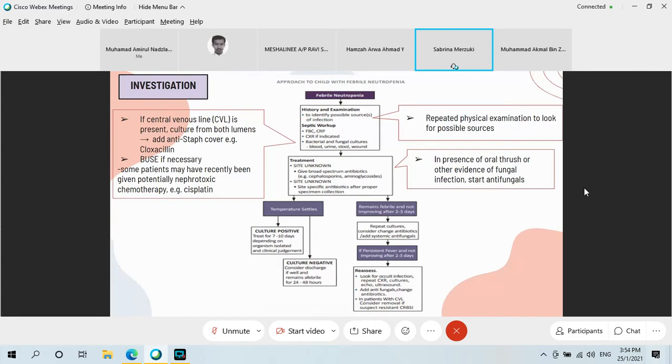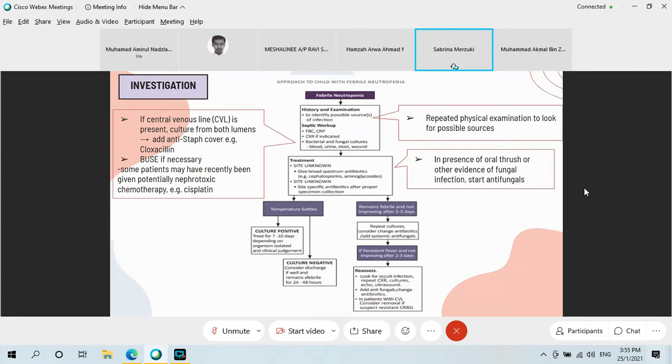After the treatment, if the temperature settles and the culture turns up positive, the patient needs to be treated for 7 to 10 days, depending on the organism isolated. If the culture is negative, the patient can be considered for discharge if the patient's condition is well and they remain afebrile for 24 to 48 hours. But if the temperature still persists even after 2 to 3 days, then repeat the cultures, consider changing the antibiotics, or add systemic antifungals.